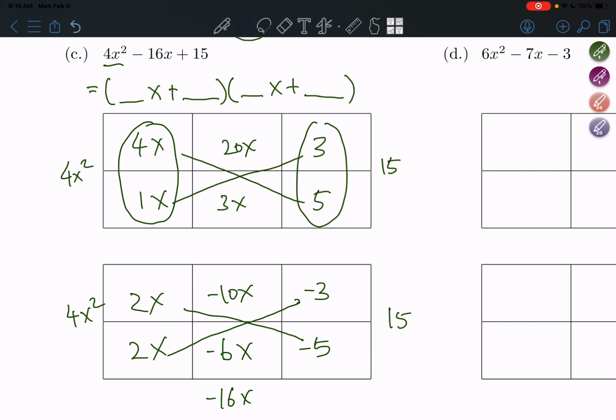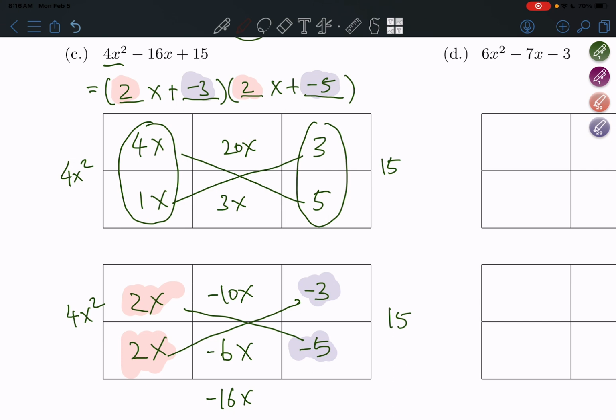But anyways, once we found the right choice, we can write in our final answer: 2x minus 3, 2x minus 5. And again, we know that this is the right factor because we already did that before. All right, so guess and check way, slightly more efficient.